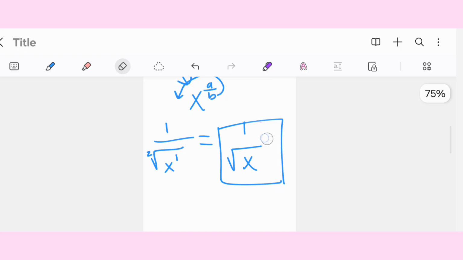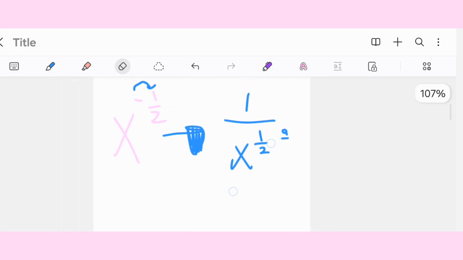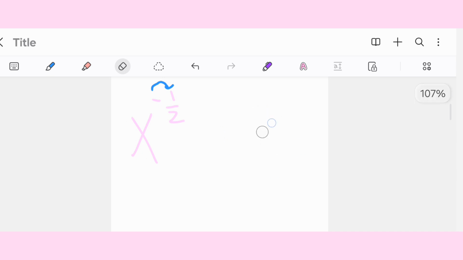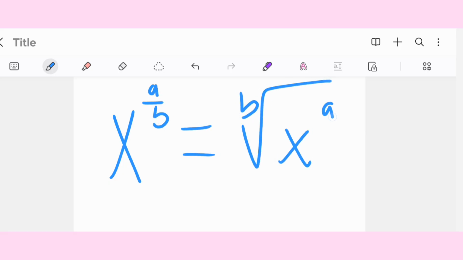So really the main thing is understanding how you can use these rules and put them together and what the relationship is between them. So just as a quick review before we end off this video, let me go over a quick run through of all these rules. x to the a over b power is the same thing as saying the b root of x to the a power.